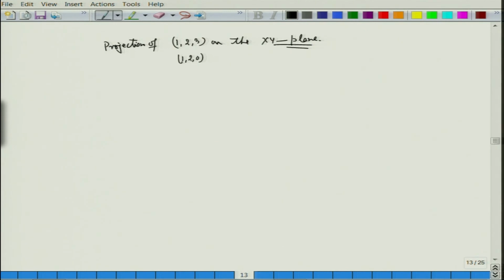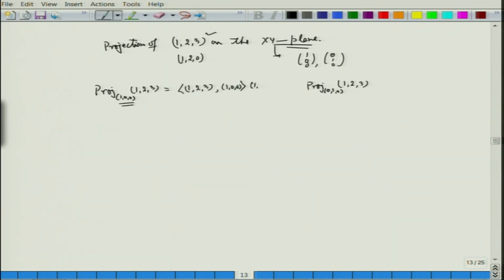Fine. And from where do I get 1 2 0? Yeah, we know this part. How do I get it? So xy plane is generated by the vector 1 0 0 and 0 1 0. Fine. So let us look at the projection of this. So we want to compute projection of 1 2 3 on 1 0 0, and I want to compute projection of 1 2 3 on 0 1 0, these two. So this by definition is 1 2 3 into 1 0 0. The length of this vector is already 1, nothing to do.